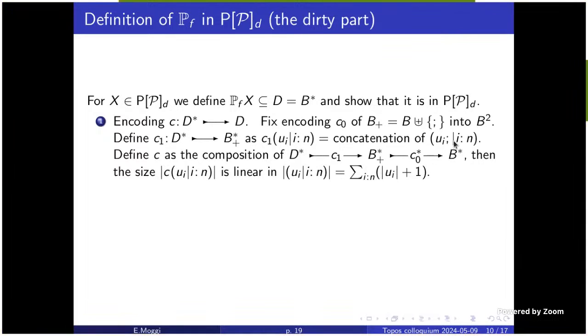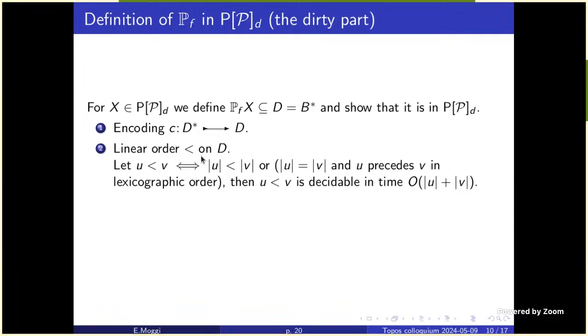I can take the concatenation of all this in this bigger alphabet, and now I can encode this alphabet into 2 bits and therefore go down to bit strings. So I have a way of encoding sequences of bit strings into one bit string. And moreover, the size of the encoding is linear in the size of the encoded sequences.